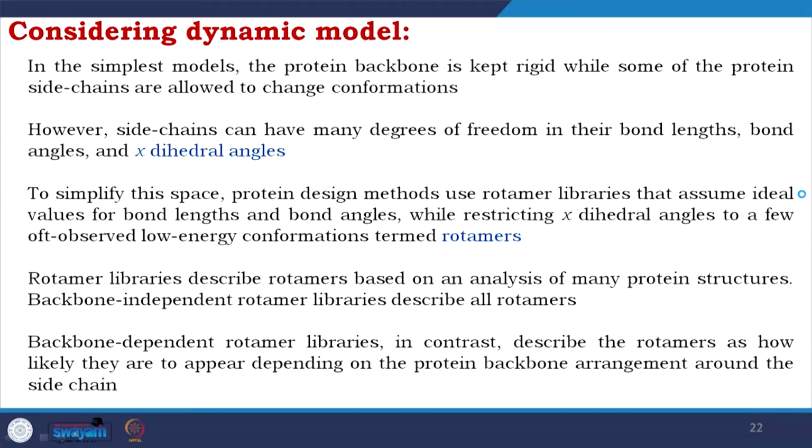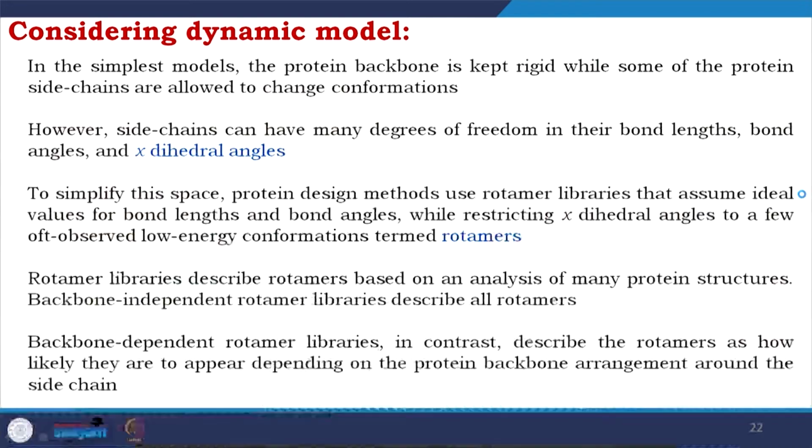You need to simplify the case, and to simplify this, protein design methods use rotamer libraries. What is a rotamer library? Rotamer libraries are libraries that assume ideal values for bond lengths and bond angles, while restricting chi dihedral angles to a few observed low energy conformations termed as rotamers.